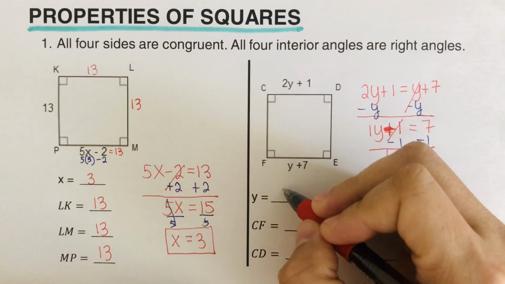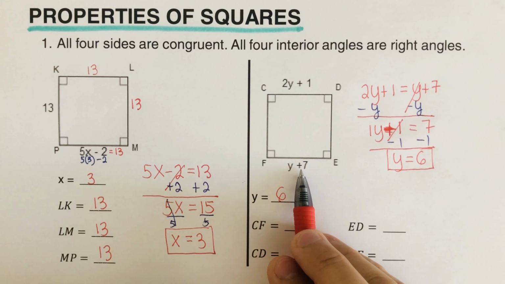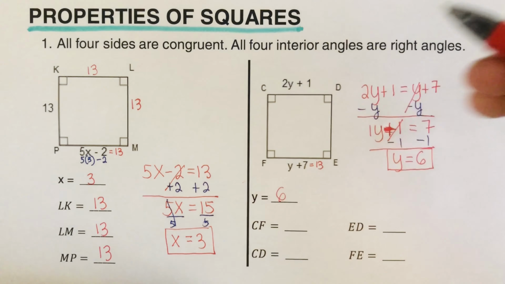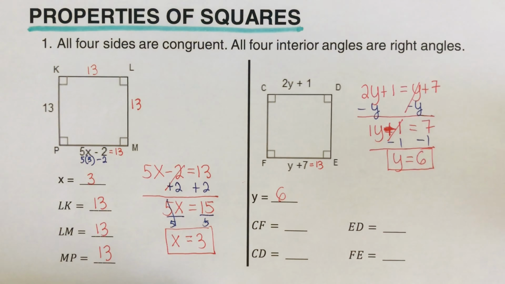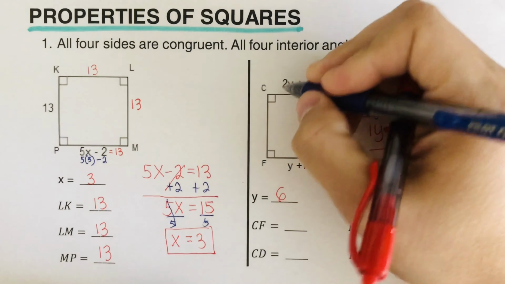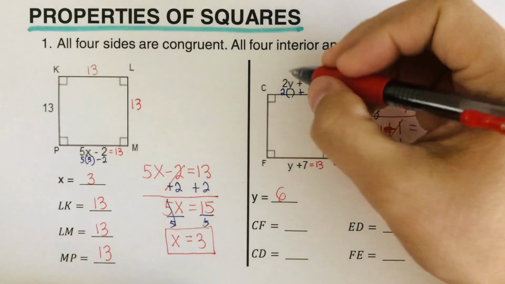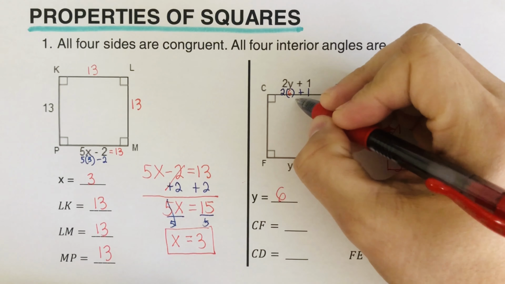Once we have y is 6, we plug the y into the expression. So 6 plus 7 is 13. And this one right here is 2 times y plus 1. I'm going to show the work here. Again, the y is 6, so 2 times 6 is 12, plus 1 is 13.